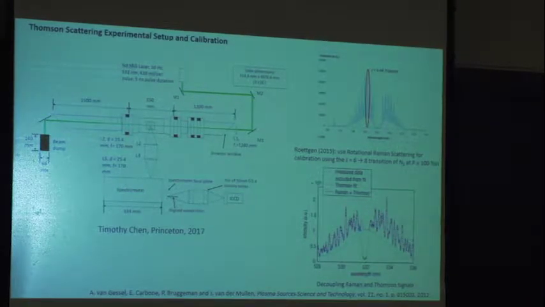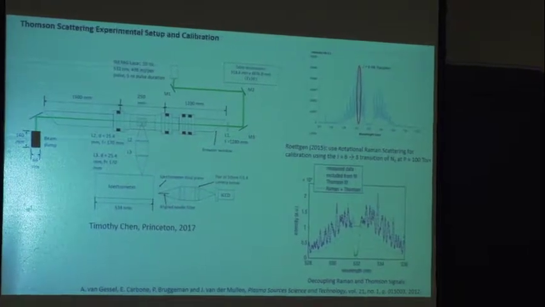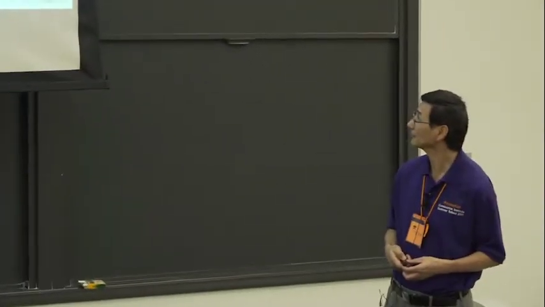If you subtract the Raman signal, you get the Thomson scattering, and then this is the filter. You filter the Rayleigh scattering in the center, and the broadened width will be the electron temperature. So that is the way to measure the number density and the temperature.